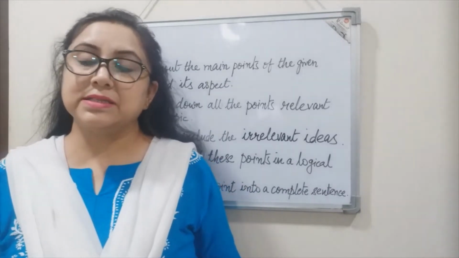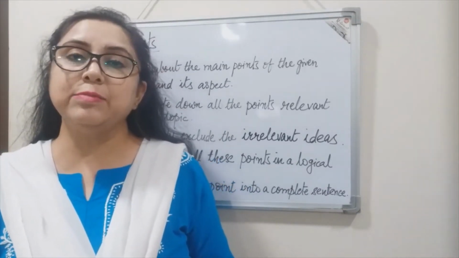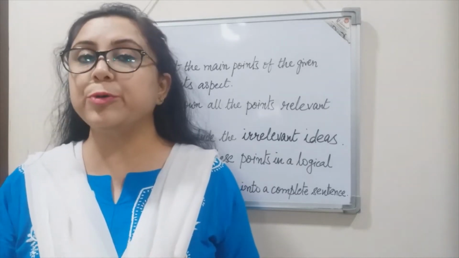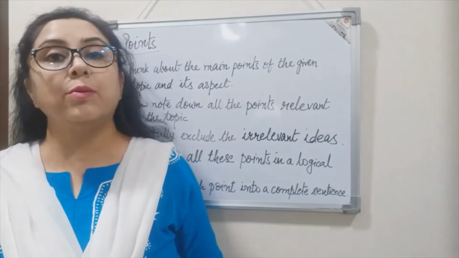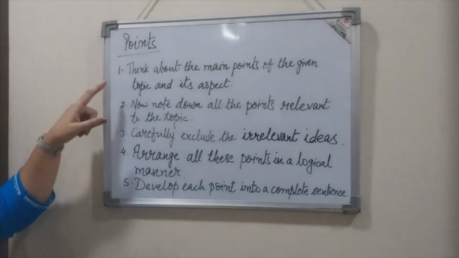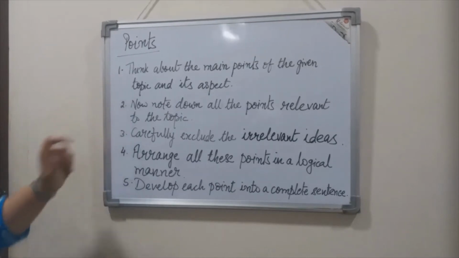Now we'll be discussing a few points, right? These points will help us to construct a good paragraph. These points should be kept in mind while writing a paragraph, right? So, first thing, think about the main points of the given topic and its aspects.